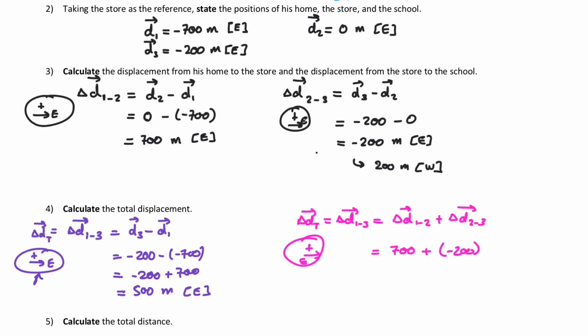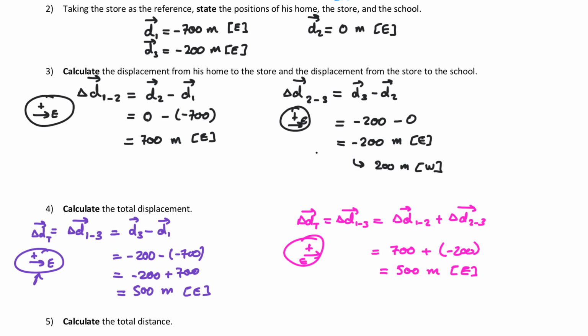You can also, if you had 200 meters west, because west is opposite to east, you would have to use the negative. Either way, it's the exact same value that goes here. And 700 plus negative 200 is 500 meters, and that's in my positive direction here, which is east, and you can see both methods yield the exact same answer.